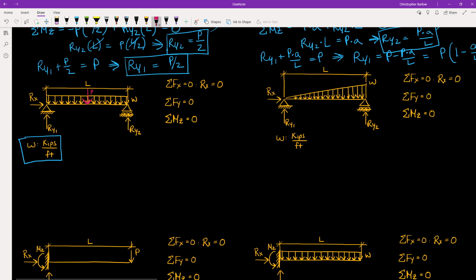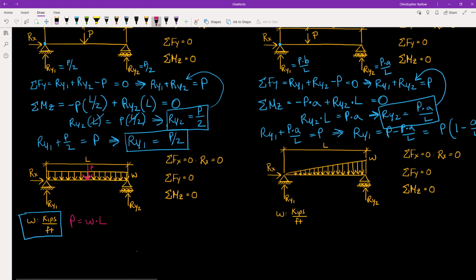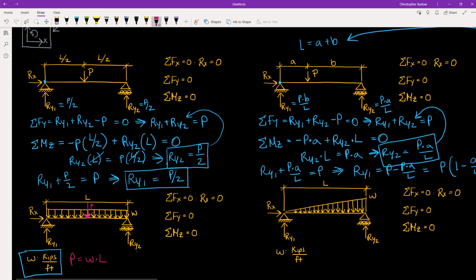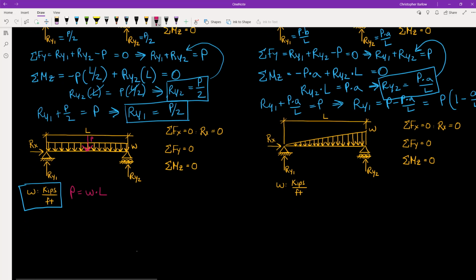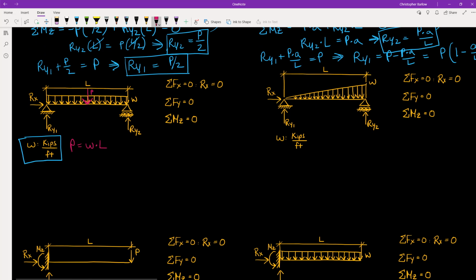Since this is a uniform load, our equivalent point load will be equal to W times L. And now you can see that this setup is exactly the same as our first diagram up here, and so we can base all of our equations off of what we have found already.